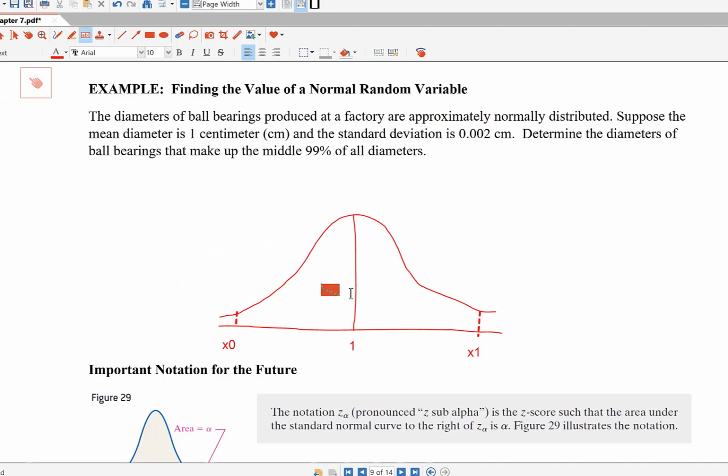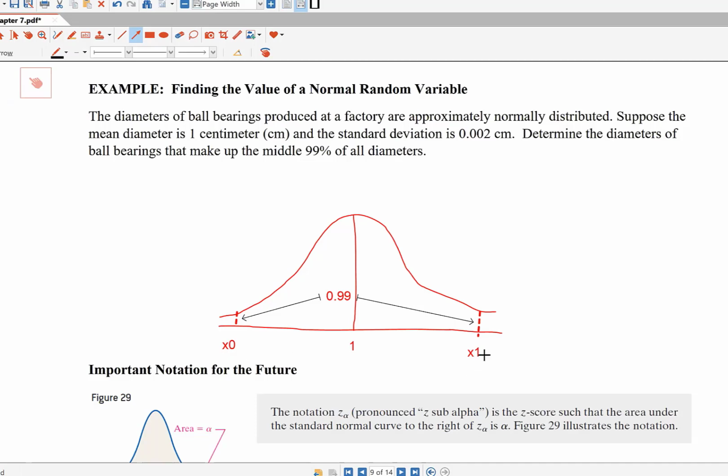And the area in the middle is 0.99. So that's the area from here to there. Does that make sense? So we just have to figure out the value of X0 and X1. The mean is the vertical bar, and the 0.99 is the area under the curve between X0 and X1.